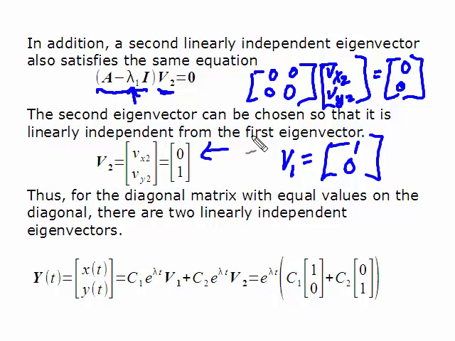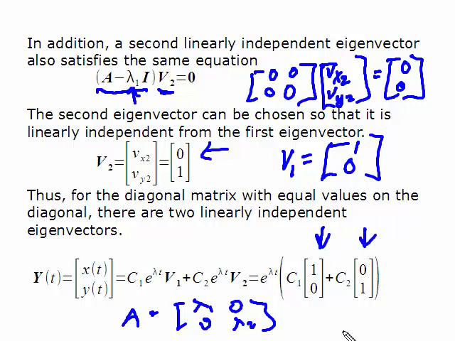So for this diagonal matrix with equal values on the diagonal, we can find two linearly independent eigenvectors, and they happen to be the x-axis and the y-axis.